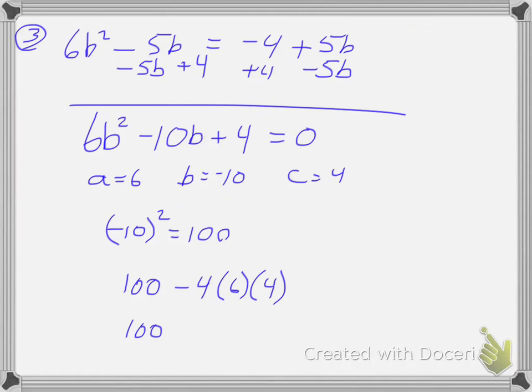So I have 100. Now, because this is a negative times a positive, this stays a negative. And then 4 times 6 is 24, times 4 more becomes 96. 100 minus 96 is 4. And because it's positive, that means there's 2 real solutions. There you go.